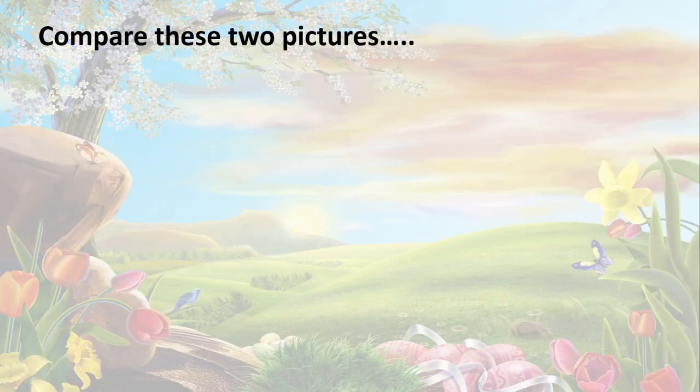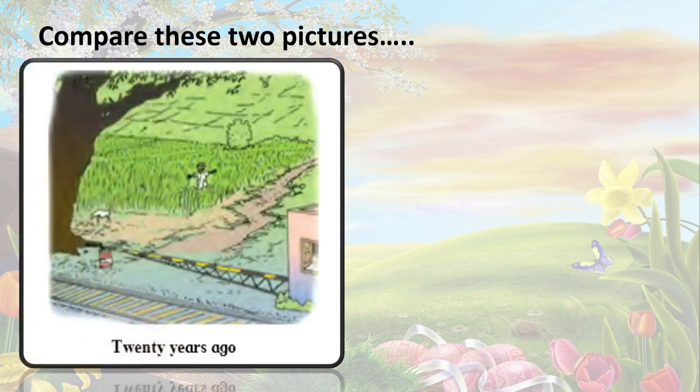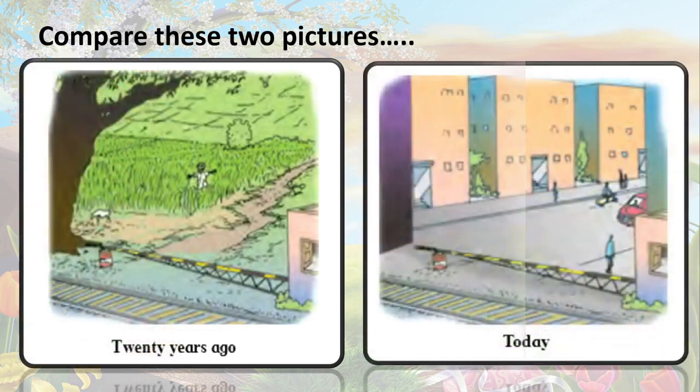Compare these two pictures. Dear children, please observe these two pictures carefully. Yes, this is the picture of 20 years ago and this one is today's picture. Means these two show the same place. See here the railway track and the railway gate.